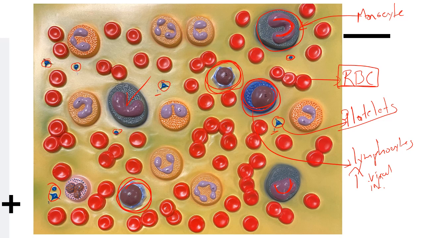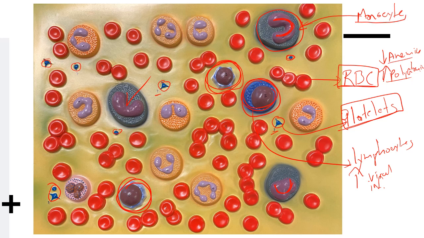Platelets, those have to do with coagulation, with hemostasis. Erythrocytes, remember, when you have low numbers, that is anemia. When you have a high number of red blood cells, it's called polycythemia. So polycythemia, a lot of red blood cells; anemia, few red blood cells.